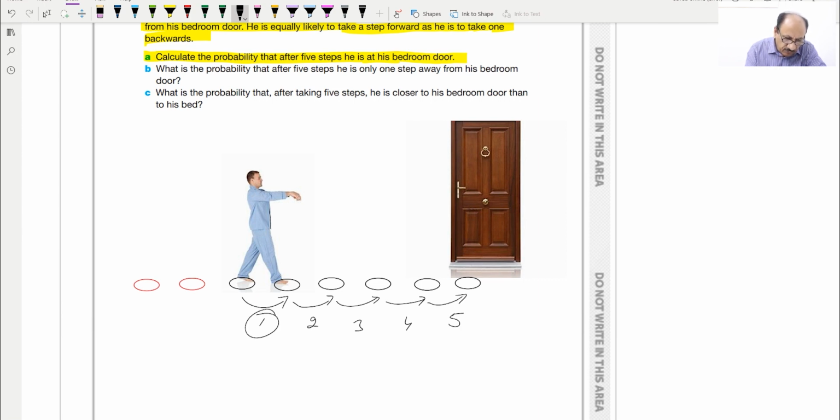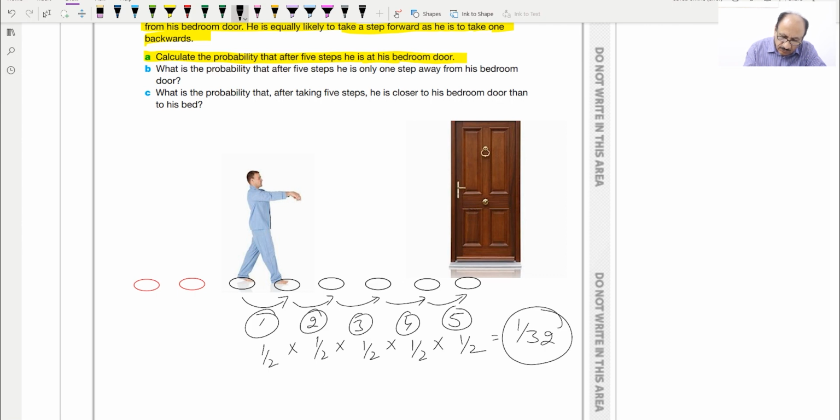The probability for taking each forward step will be 1 by 2, because they are equally likely. We can multiply all these probabilities to get the answer for A part: 2 twos are 4, 4 twos are 8, 8 twos are 16, and 16 twos are 32. So 1 over 32 will be the probability for A part.